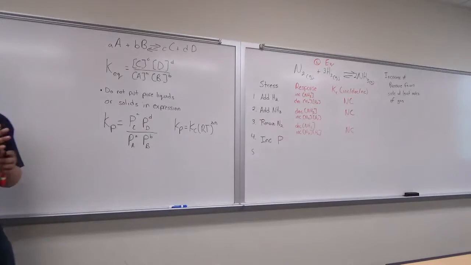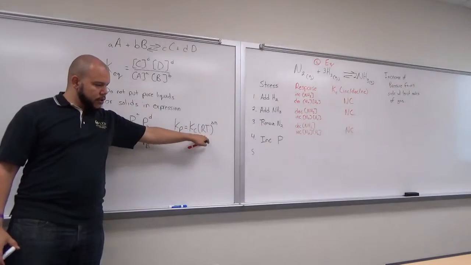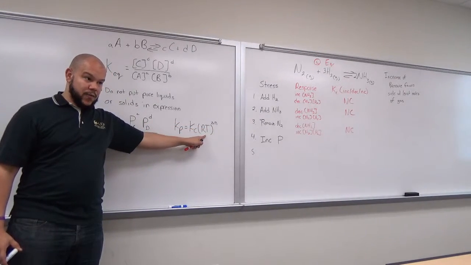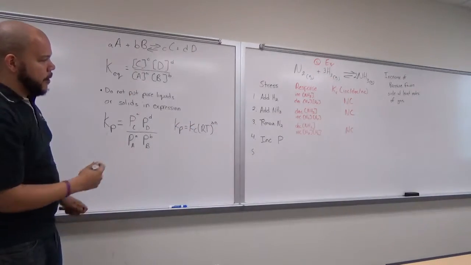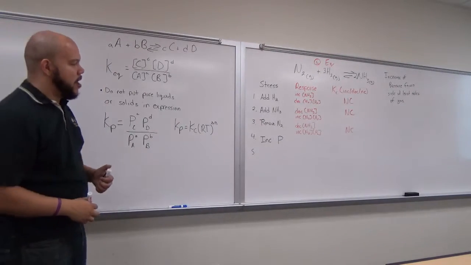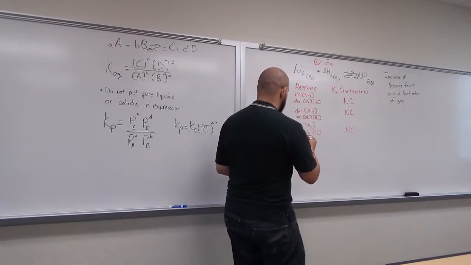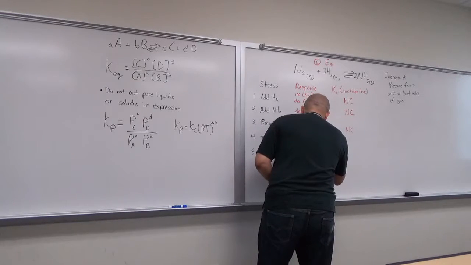When we change the pressure by decreasing the volume, then we get a little bit of mathematical difference, and that mathematical difference is accounted for in this reaction by this whole delta N. That's why delta N matters. So in this particular case, if we favor the least moles of gas, the response to this is going to be what? Increase in NH3. Right, increase in product. So we're going to increase NH3 and decrease the rest.